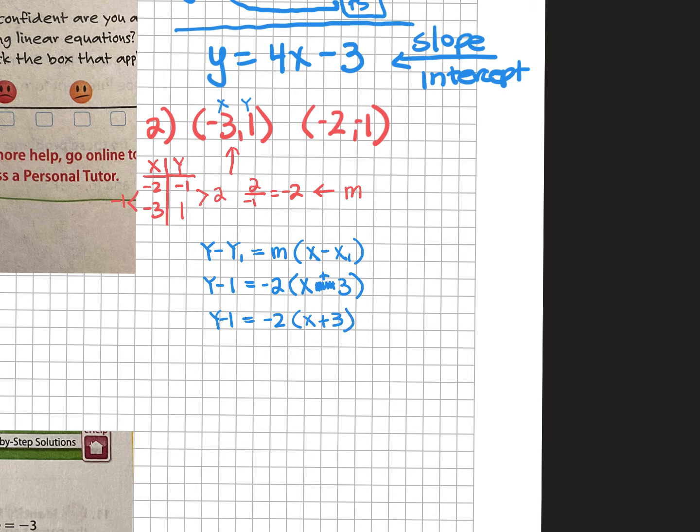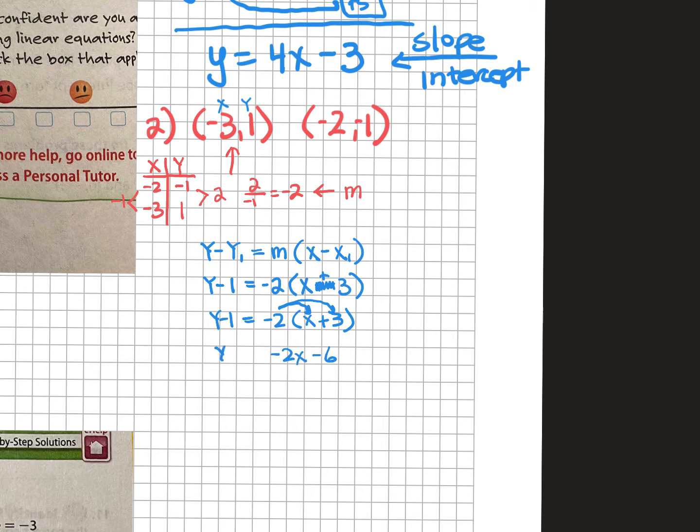All right, I'm gonna try to get it in y equals mx plus b form, or slope intercept form. We're gonna go -2 times x is -2x. -2 times +3 is -6. We gotta remember the negative too.